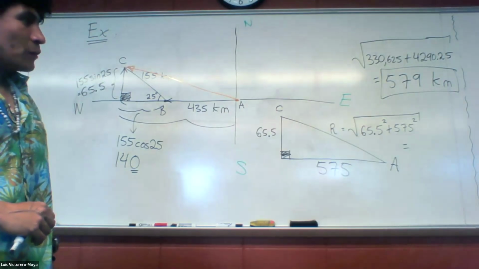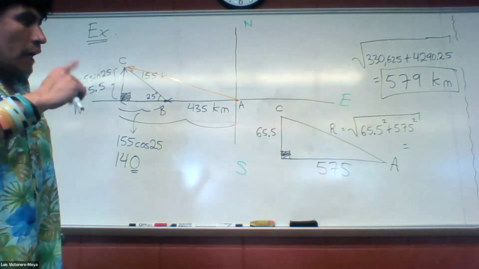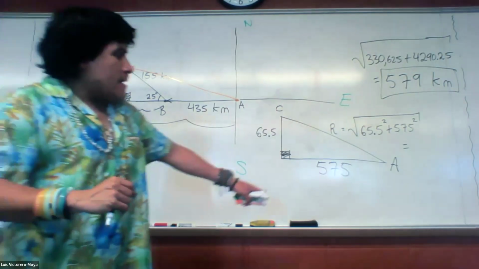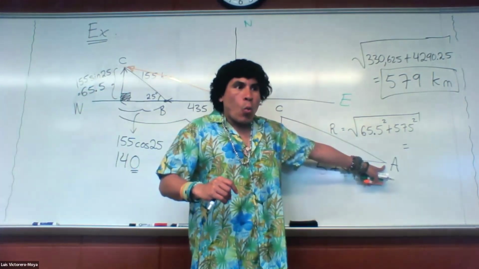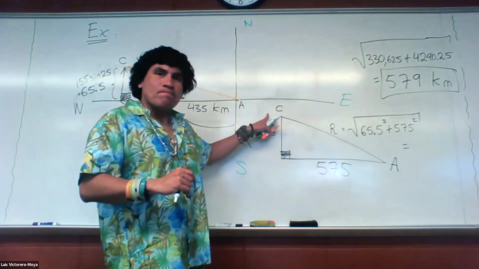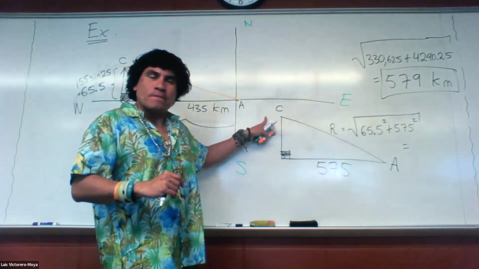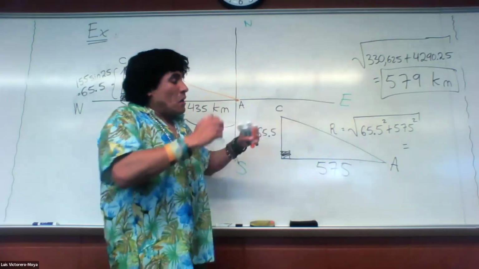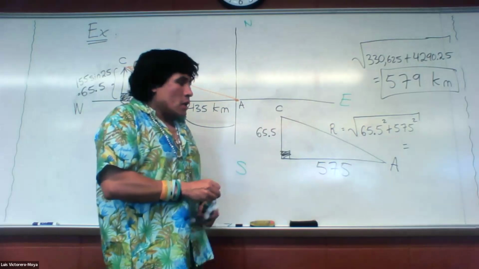So vectors is basically your trick. The second part is asking you, relative to A, what's the direction to C? So relative to the first city, what's the direction to C? Basically, they're asking you for this angle.